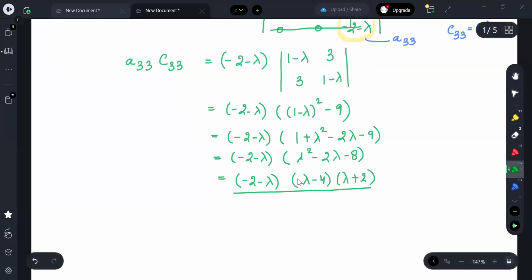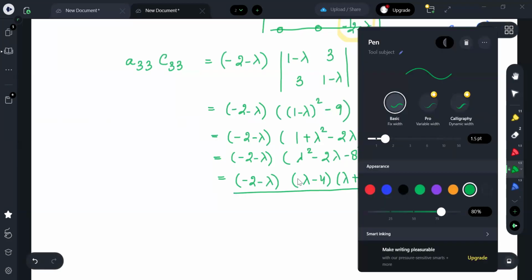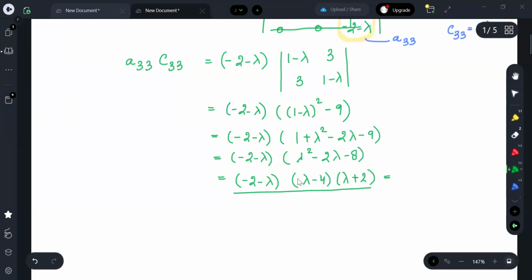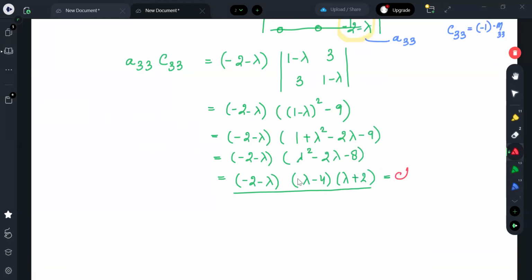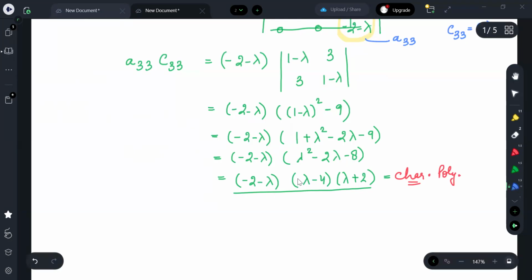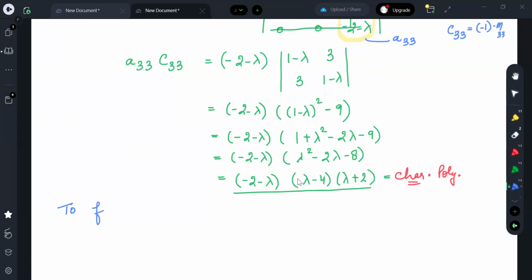If I just ask you the characteristic polynomial of the matrix, you stop here. Characteristic polynomial. To find the eigenvalues, equate it to 0. To find eigenvalues, solve for lambda.